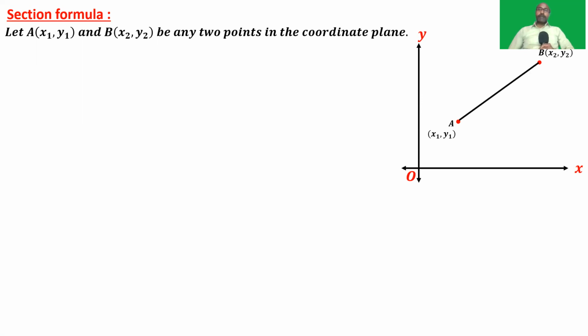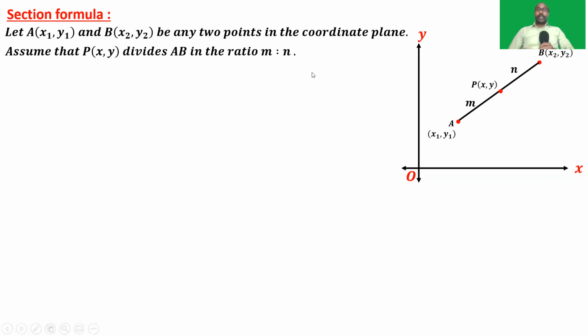Let P(x, y) divide this line segment in the ratio m is to n, like this. That is, AP is to PB is equal to m is to n. So it can be written as AP by PB is equal to m by n. Take it as equation 1.